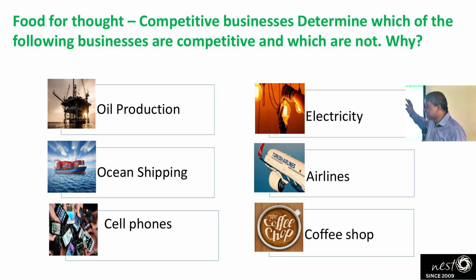So each industry, what I am trying to say, has got a different profile. It is not unique in nature. Some of the ratios which may fit oil production or ocean shipping will not fit a coffee shop. Some of the analysis which fits airlines cannot be fit to ocean shipping. As a credit manager, you will get all types of proposals.